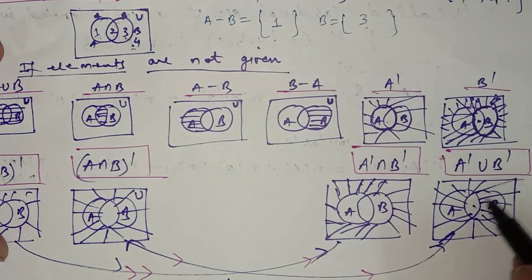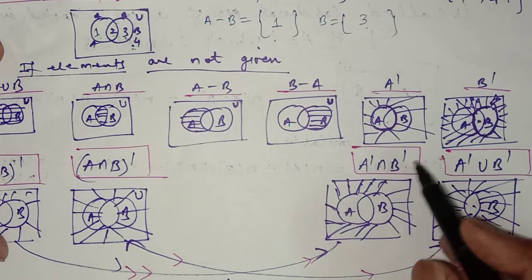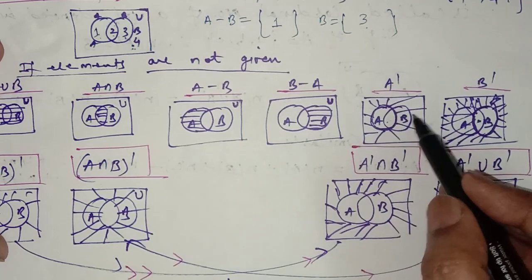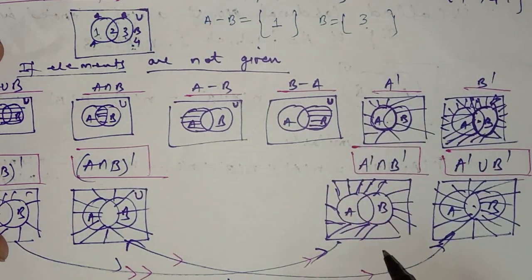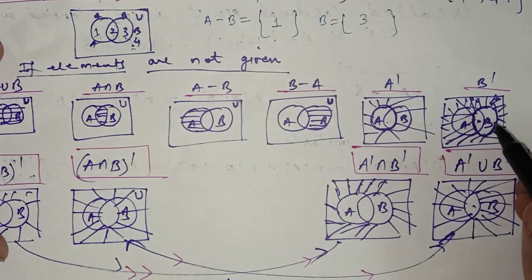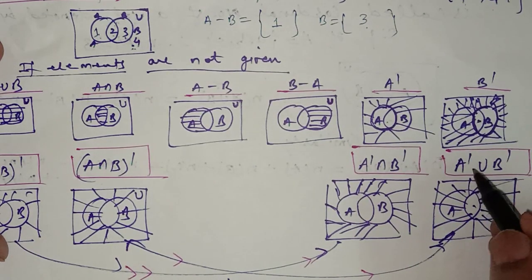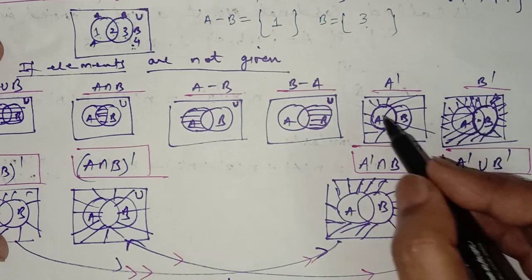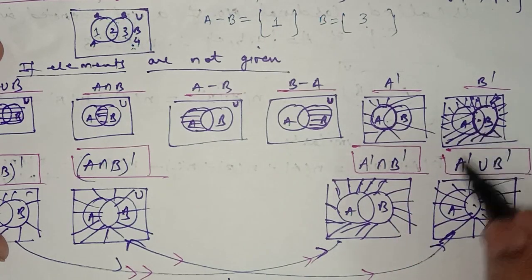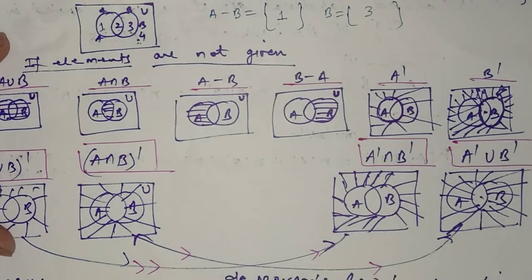A complement union B complement is the total of these two, where we are not getting this common portion, A intersection B.